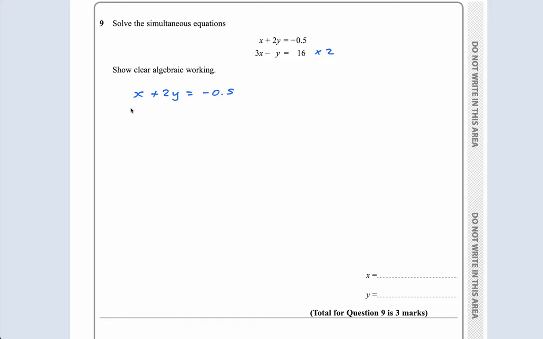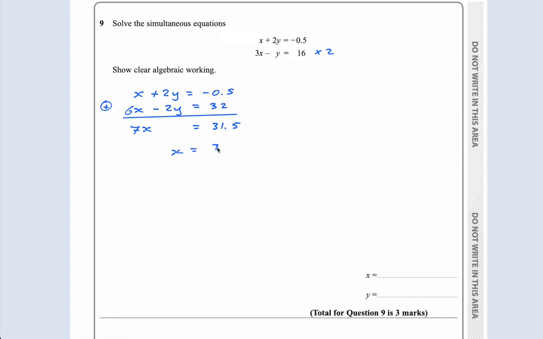This times 2, 6x minus 2y equals 32. So I multiply everything by 2. Put a line underneath, and I'm going to add. I'm adding them because these two have the same sign. 6x plus 1x is 7x. These cancel, plus 0 if you like, and minus 0.5 plus 32 is 31.5.